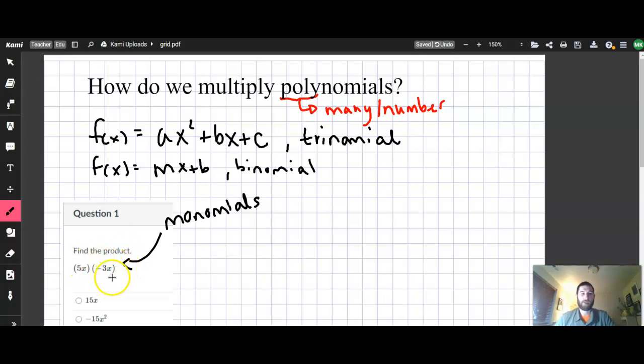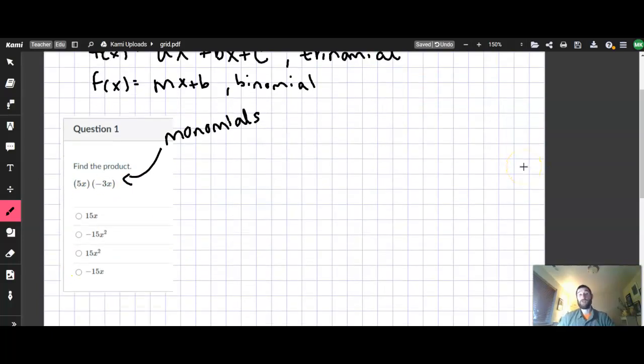So we have a monomial times a monomial. The good news is that because they're just regular expressions, they don't have any addition or subtraction in them, we're just multiplying them, and we don't need to worry about the parentheses. So really what we're saying is that we have 5x multiplied by negative 3x.